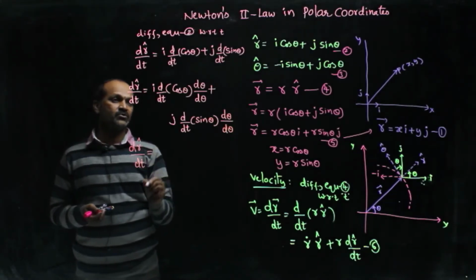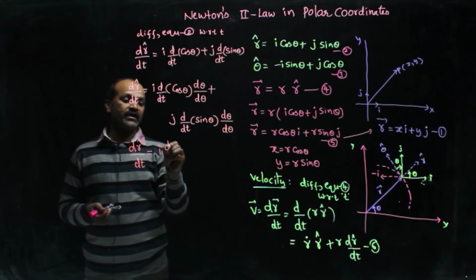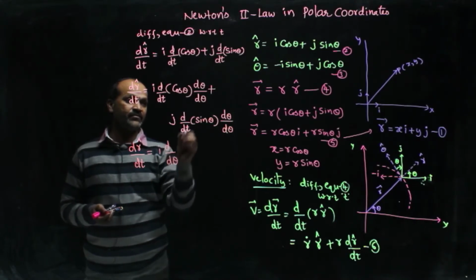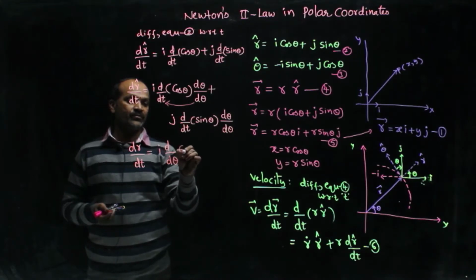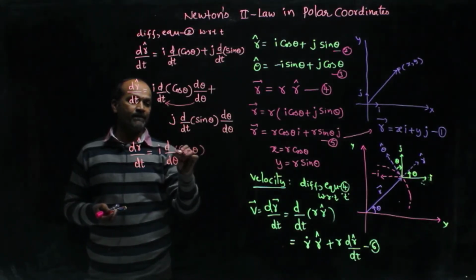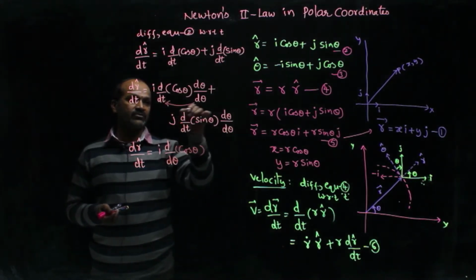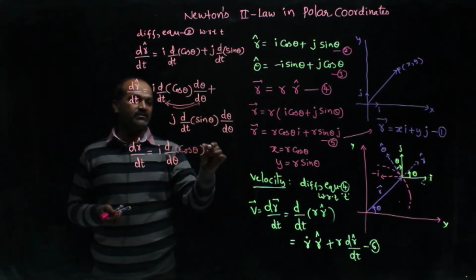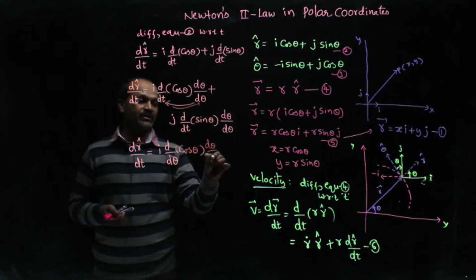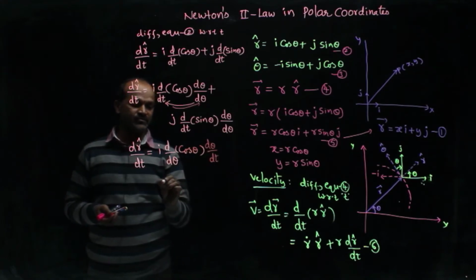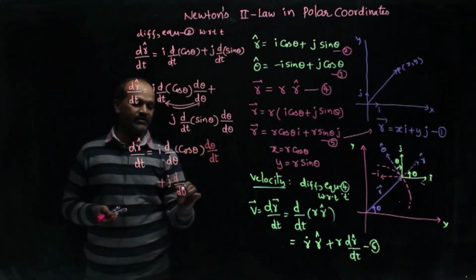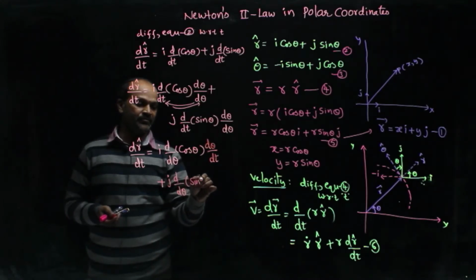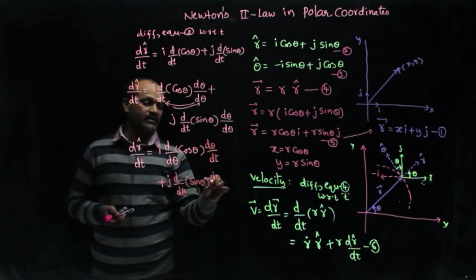So it is equal to i into d by d theta of cos theta into d theta by dt, plus similarly j into d by d theta of sin theta into d theta by dt.